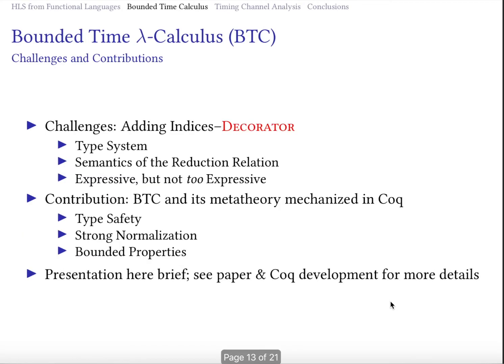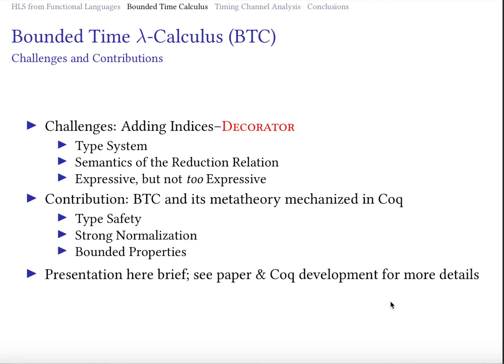So for the bounded time lambda calculus, what we have to do is decorate. It's a simply typed lambda calculus, but we decorate the types and type constructors with these kinds of number of steps indexes.